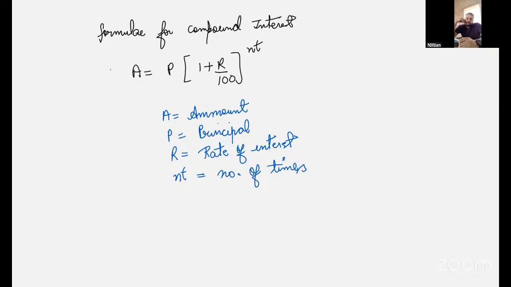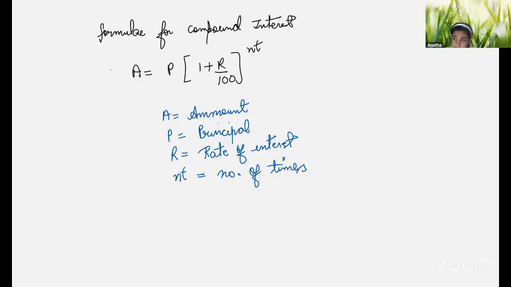Miracle, if it is compounded quarterly, quarterly means after 3 months you have to charge the interest, and the time period is 6 months. So how many times will you do it?